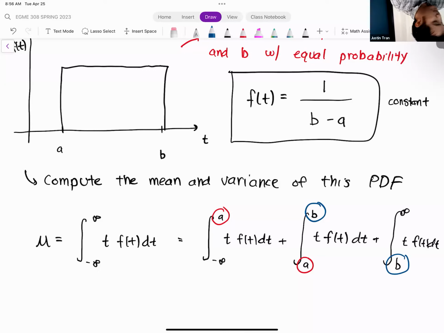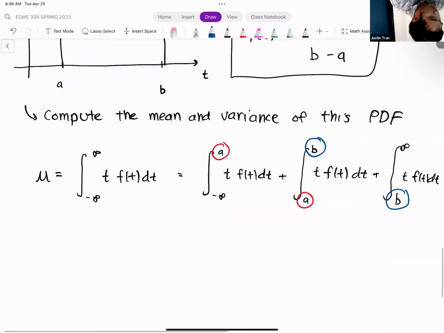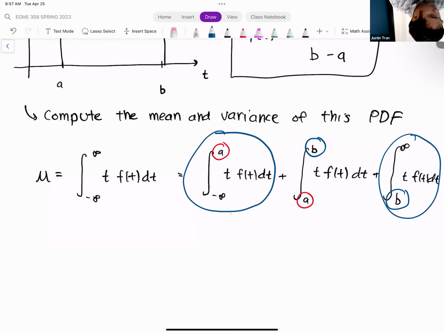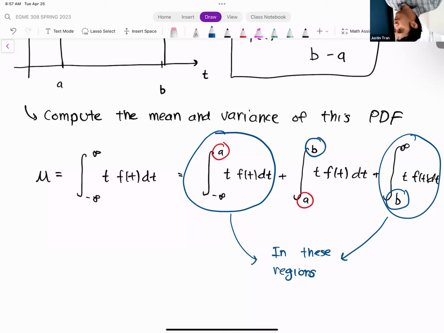But this form is useful for us, because in these regions, we know that our probability density function has a value of 0.